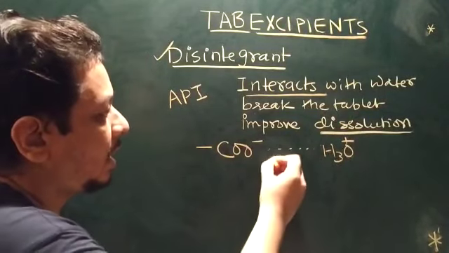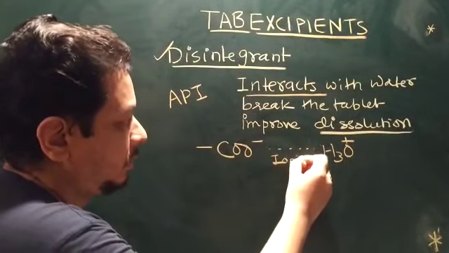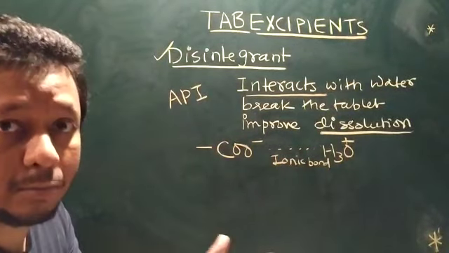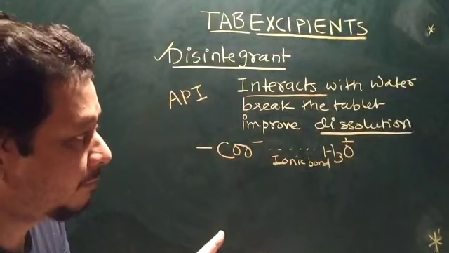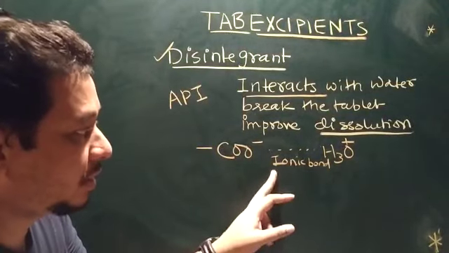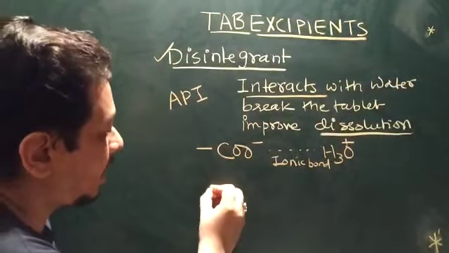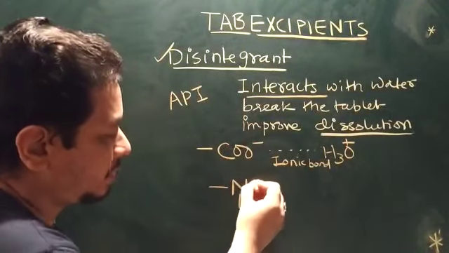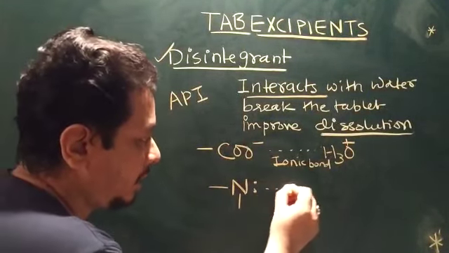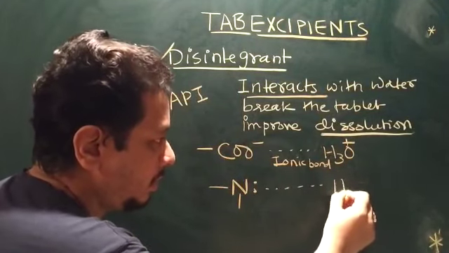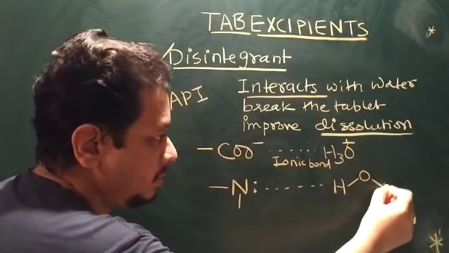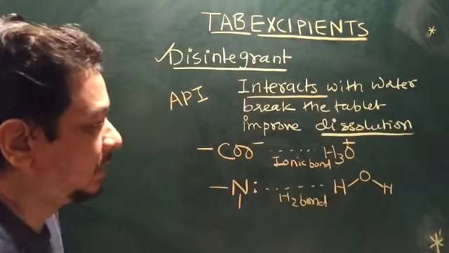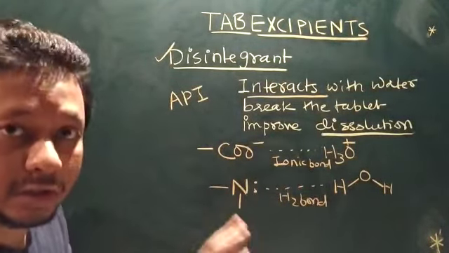So this is an ionic bond, and you can refer to our intermolecular forces video, where I have mentioned ionic bonds are stronger than hydrogen bonds. So suppose a disintegrant also has nitrogen. Nitrogen can form a hydrogen bond with the water hydrogen. So in both cases, the disintegrant is interacting with water.